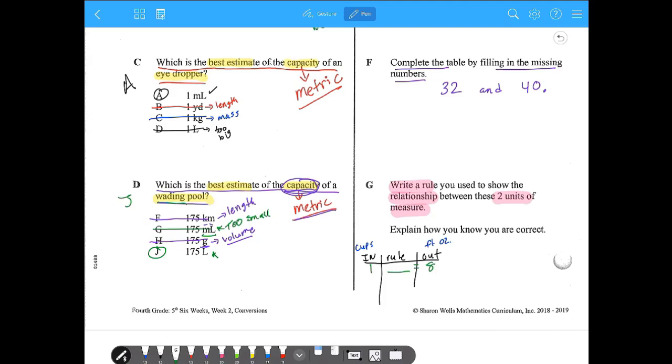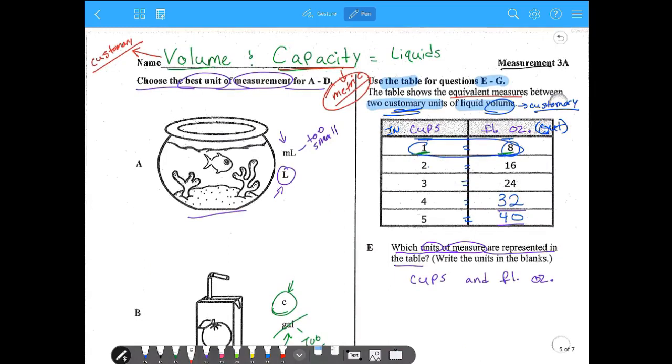So in the input, 1 is going to equal 8. What do you think the rule would be? Well, we're not going to be adding 8. It's going to be times 8. That's the rule. We're multiplying by 8. Because if you look over here, 1 times 8 equals 8. 2 times 8 equals 16.